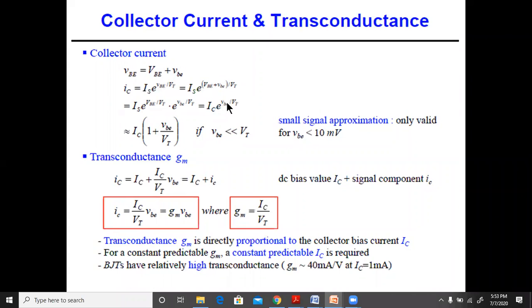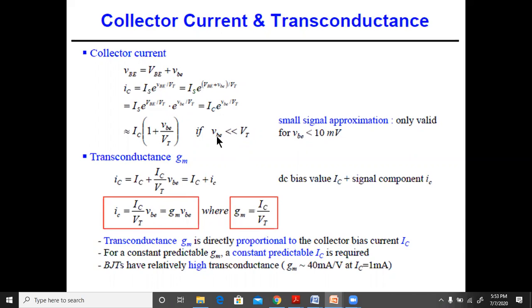If we consider e to the power of 0, it will be 1. If it is some positive value, e to the power of it will be more than 1, so it should be 1 plus something.